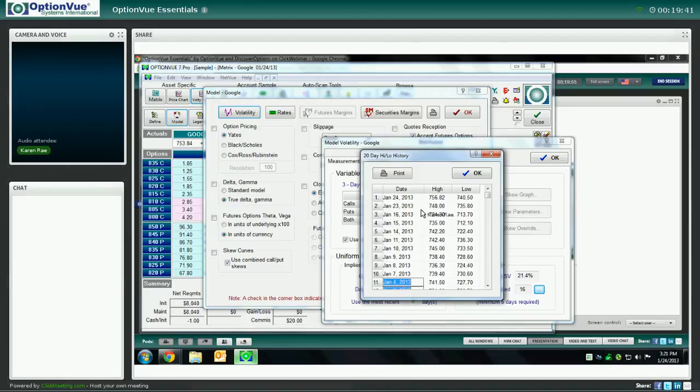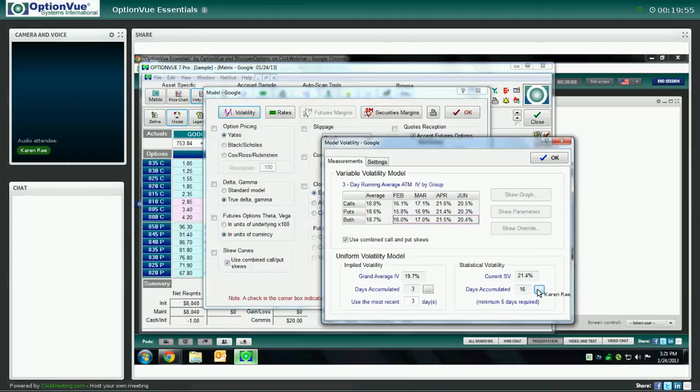I've got starting the 24th, the 23rd, the 16th, 15th, 14th, all the way down 16 days back, the first day being December 27th. The high and the low for Google for each day, exponentially weighted, gives me 21.4%. And this is based on however many times I'm opening up the quotes display and updating the prices on Google.